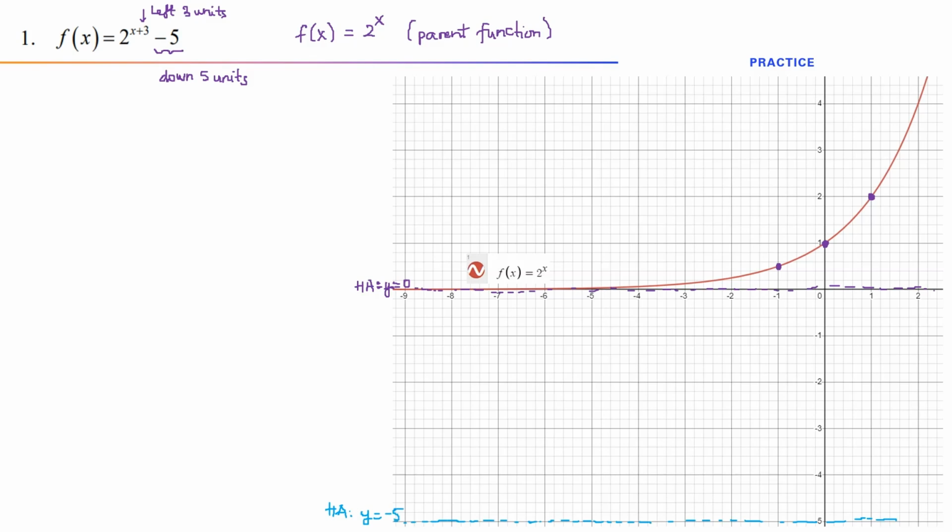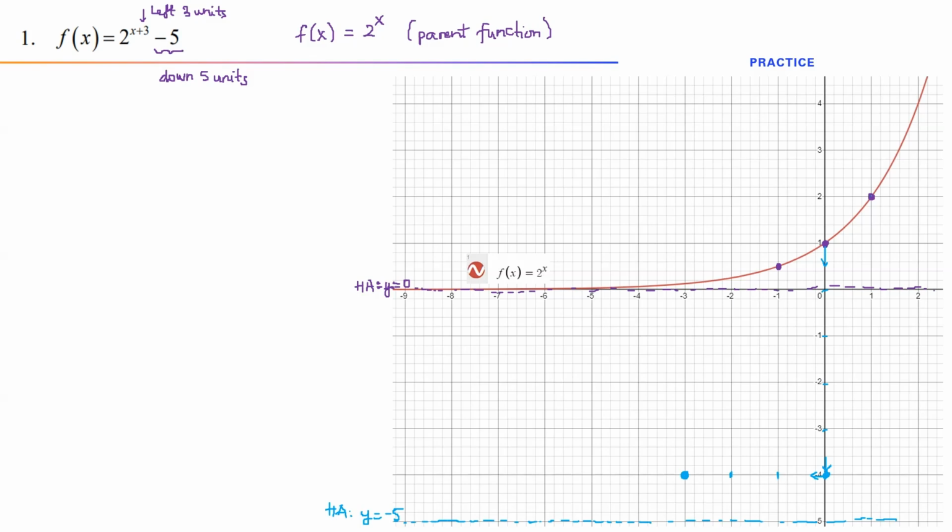Then each point will go down 5 units and go to the left 3 units. So from this point, go down 1, 2, 3, 4, 5, then go to the left 3 units.